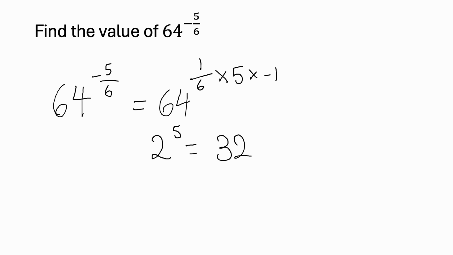And then once we've worked that one out, we need to do to the -1. So we're going to do 32 to the power of -1. When we do a power to a -1, we do the reciprocal, so we flip, meaning that this 32 will turn into 1/32.